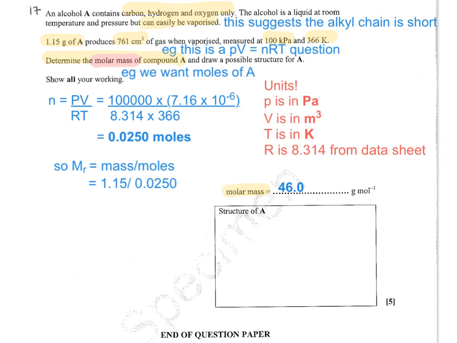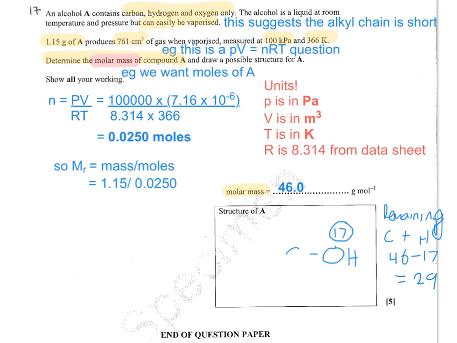So what we've got to do is deduce a structure for A. Now we know it's an alcohol, so we know it's got an OH group somewhere. So the OH group accounts for 17 out of that 46. So the alkyl chain, the remaining carbon and hydrogens, are going to be 46 minus 17 equals 29.